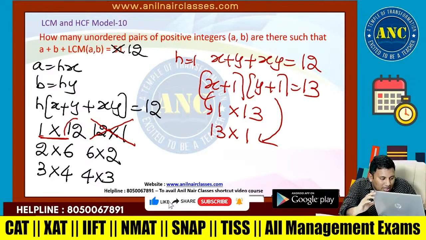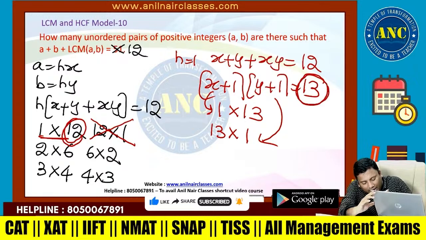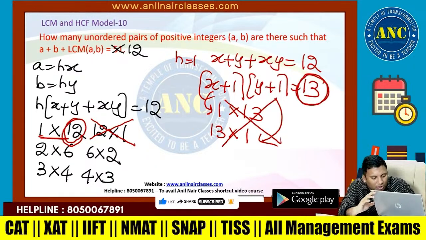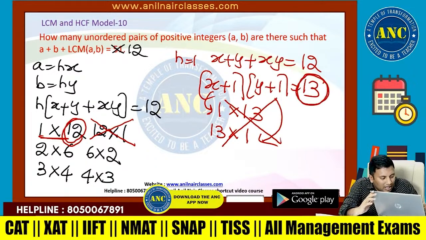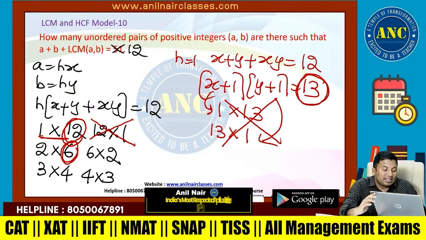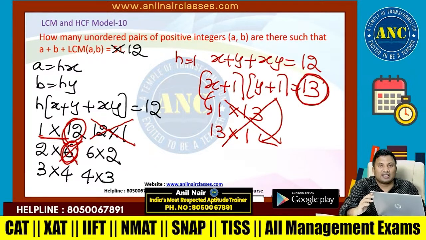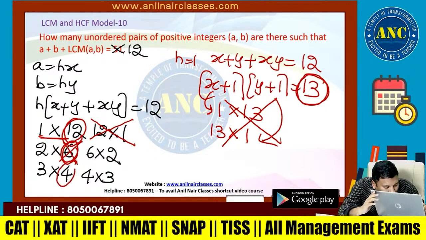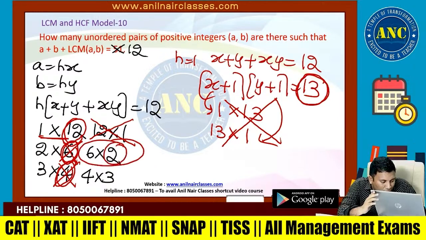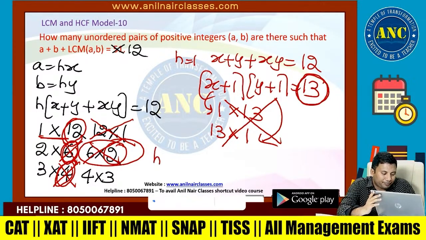That means if this is 12, if I am adding 1, I am getting a prime number. Both the cases are cancelled. If it is 6, adding 1, I am getting 7. Both the cases are cancelled. If it is 4, adding 1, 5, both the cases are cancelled. If it is 2, adding 1, both the cases are cancelled.